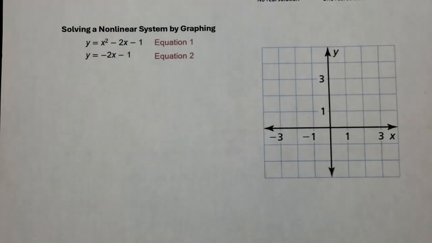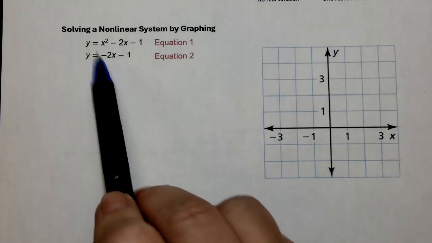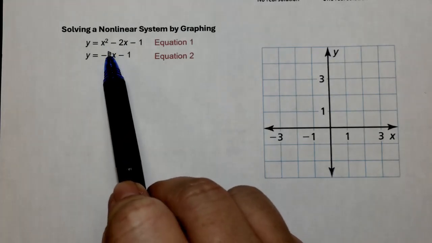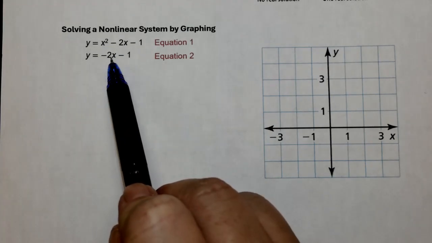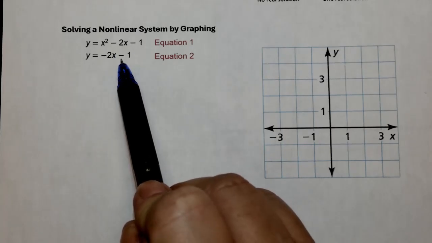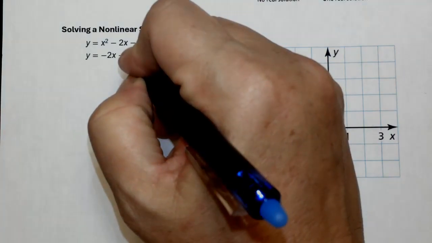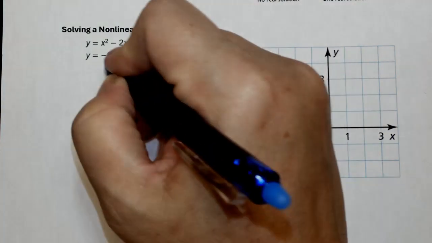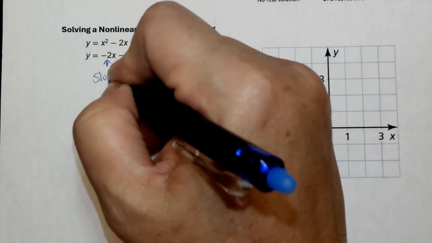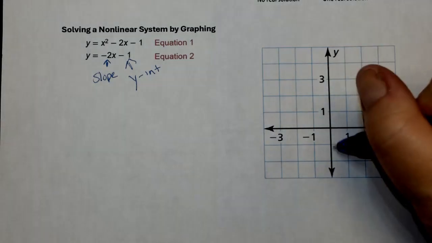So we are going to graph these. We are given a nonlinear and we are given a linear. The linear one is going to be the easiest one to graph, so I'm going to start with this one first. We know this is our y-intercept and this is our slope. I'm going to grab my y-intercept first, so -1.